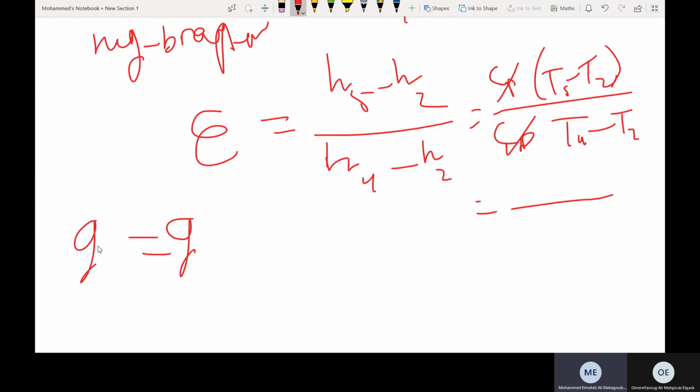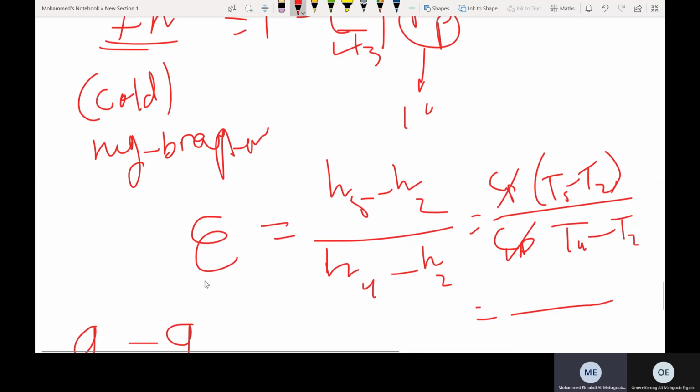Remember, we solved the first problem using the heat exchanger. I told you Q is equal to Q. The regenerator is a heat exchanger at the end, so it's the same thing. Q from 5 to 2 is the same as Q from 4 to 6. From this, you can calculate the temperature at point 6.